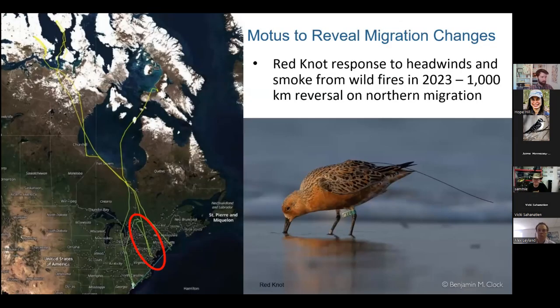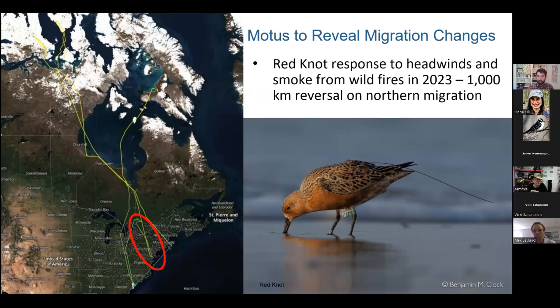And so one of the really, really cool examples that Gregor and I love to share from MODIS is from just last year. There's a red knot that had a MODIS tag on it and was doing its migration and did a strong U-turn at some point while migrating, corresponding with what we assume is smoke and headwinds from fires.